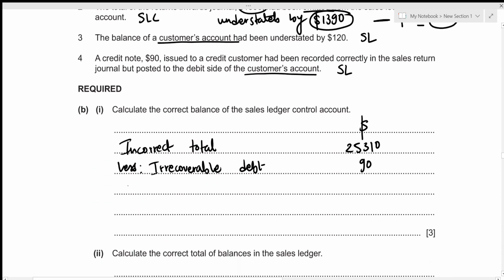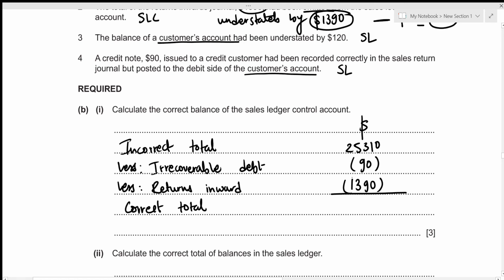So that's less returns inward amounting to 1,390. And since both of these amounts should be deducted, we should be recording them in brackets, indicating that they should be subtracted. All right, now we can just figure out our correct total. That's 25,310 minus 90 minus 1,390, which results in 23,830.